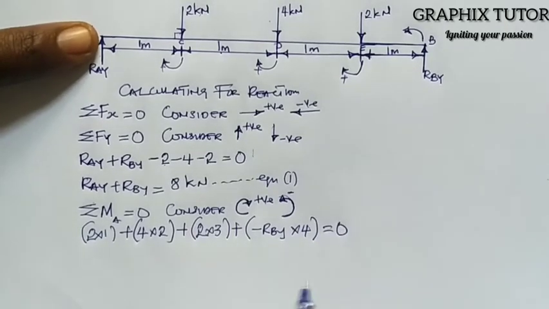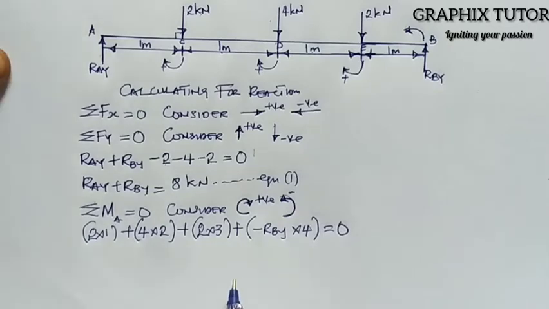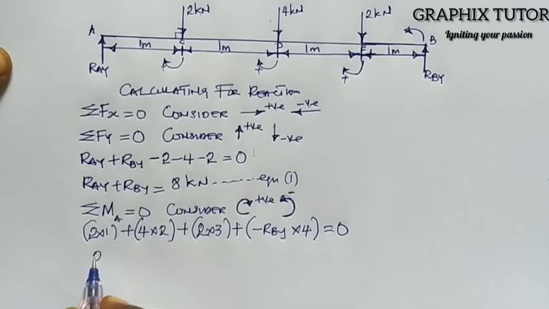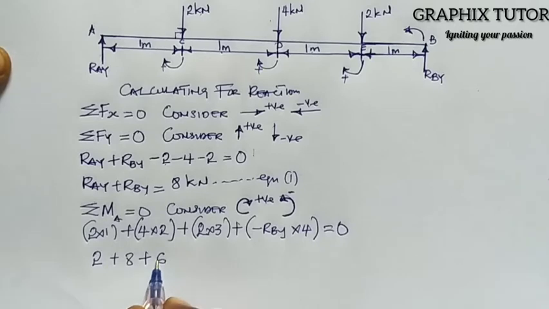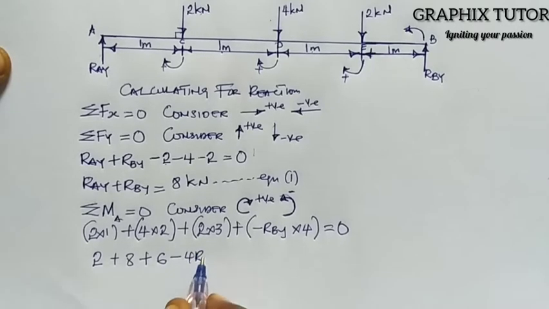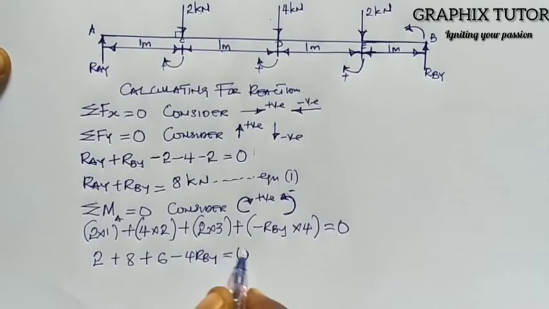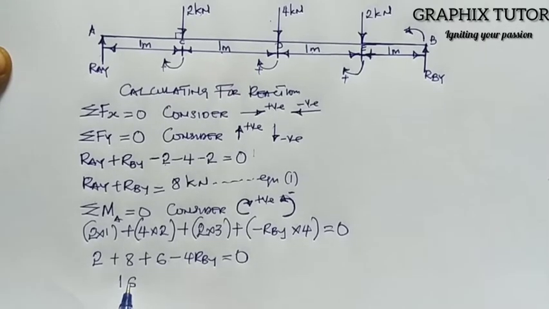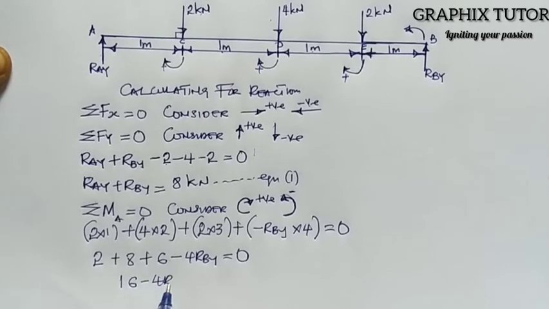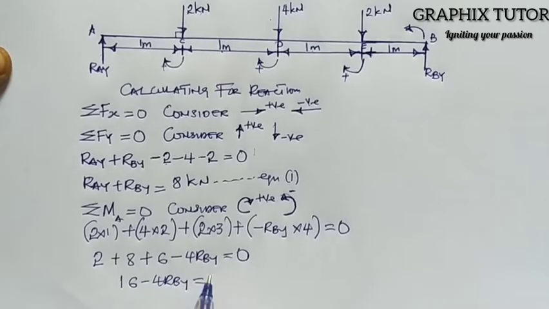So from here, 2 times 1 is 2, plus 4 times 2 is 8, plus 2 times 3 is 6, minus 4 RBY equals to 0. So 2 plus 8, 10, plus 6, that will be what? 16. 16 minus 4 RBY equals to 0.